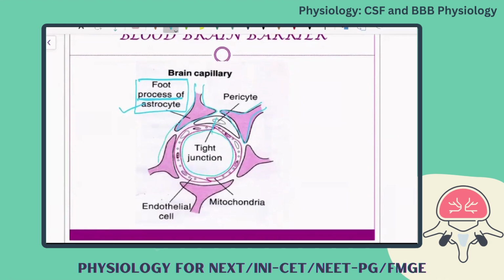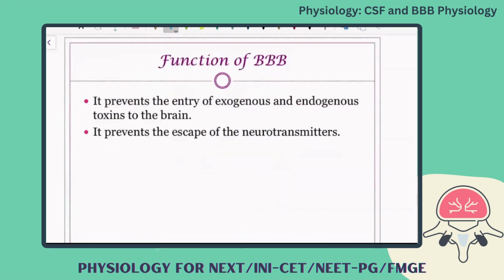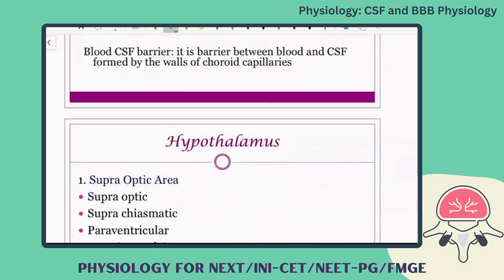This is connected with the help of junctions called tight junctions, also called zonula occludens. That is how the blood-brain barrier is formed in the surrounding of the capillaries in the brain, which protects the brain from other damages.